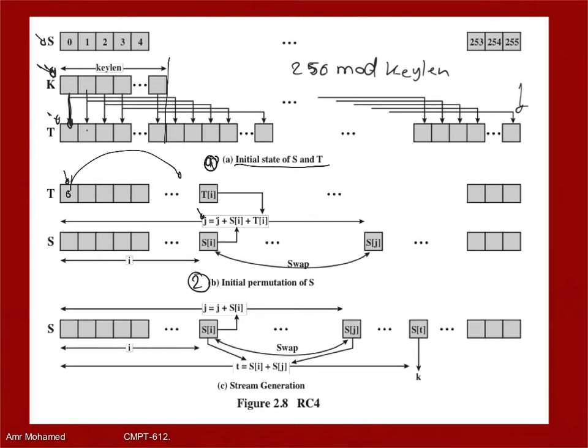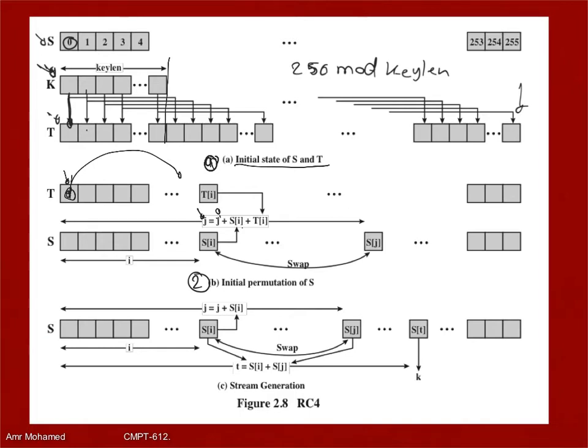So the new value for J will be 0 plus S of I, so at I equals 0, this will be 0, and T of I. T of I is not 0, by the way.